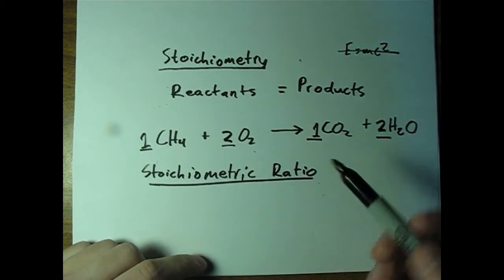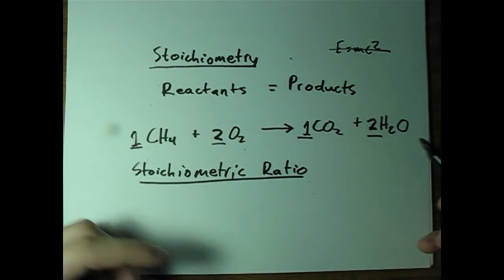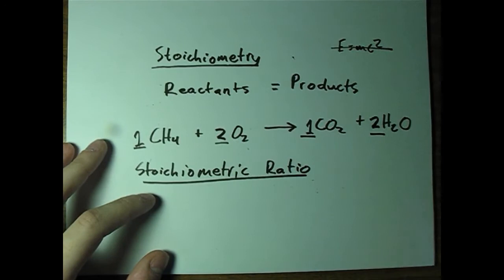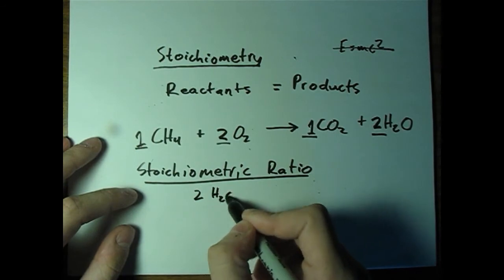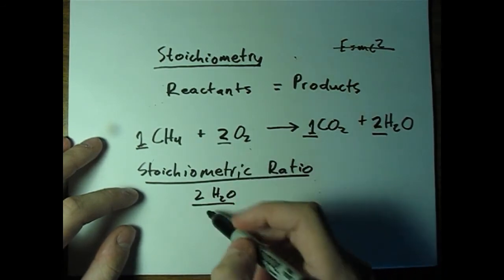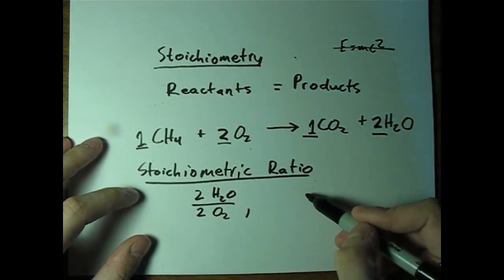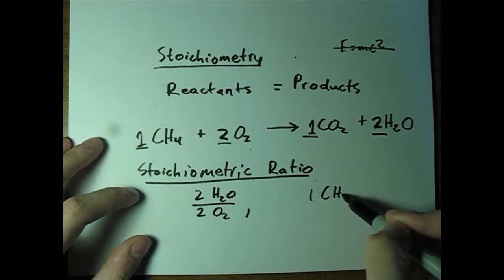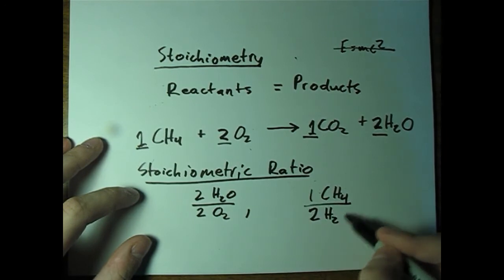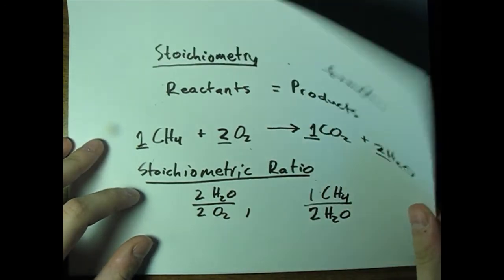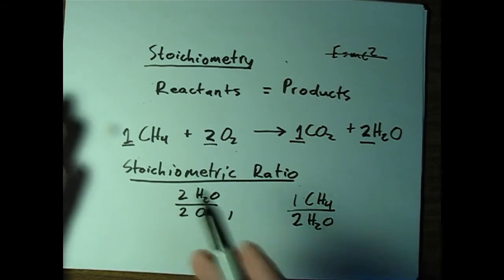If you want to know how many water molecules will result from how many oxygen molecules in this reaction, that would be 2 H2O per 2 oxygen, or we could have 1 methane per 1 carbon dioxide, or 2 water, or whatever, stuff like that. And this will be useful when we're trying to calculate how much of this do we need to use up all of this.